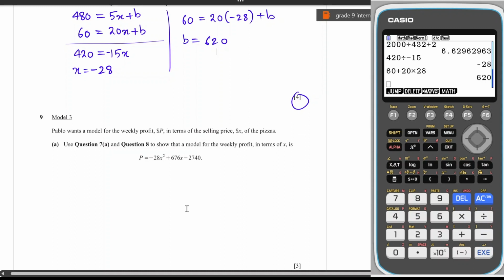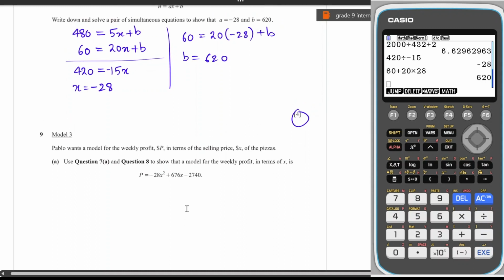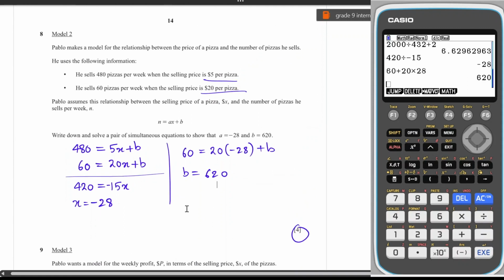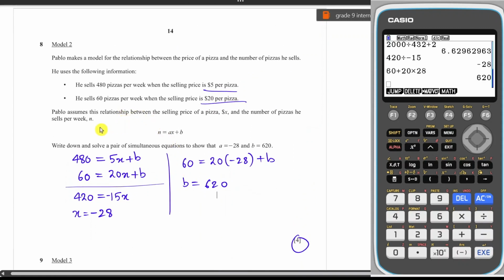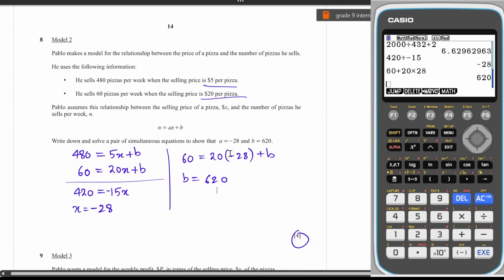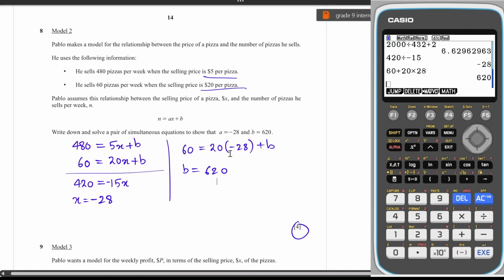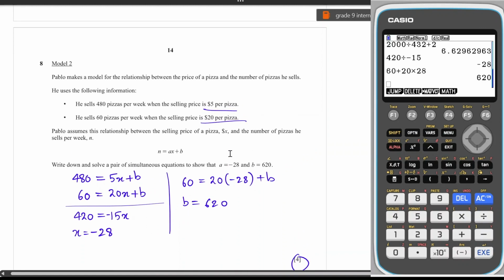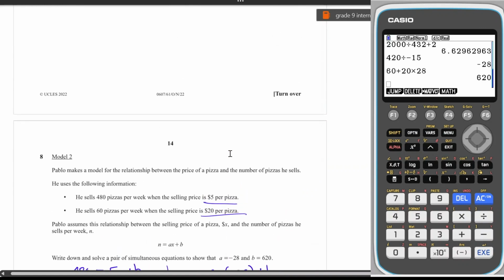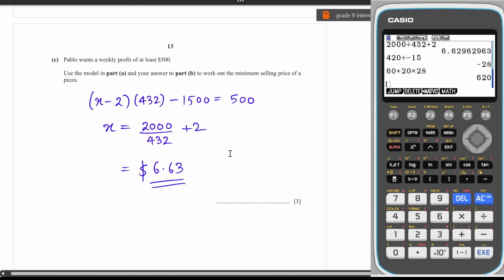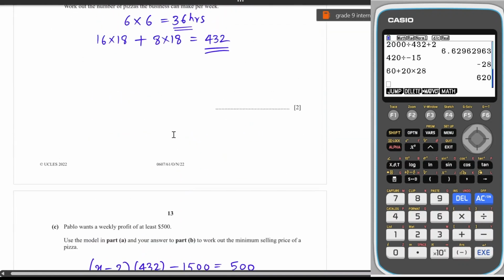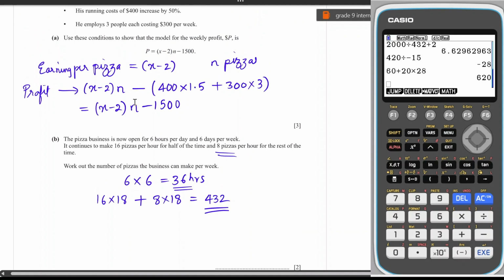So he wants a model for the weekly profit. Now what does this give me? This is the number of pizzas he sells. So the number of pizzas he sells, that's my value of n over here. So in place of n, I have to substitute that.